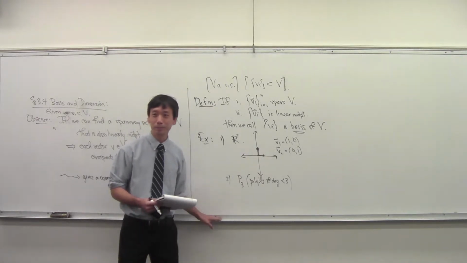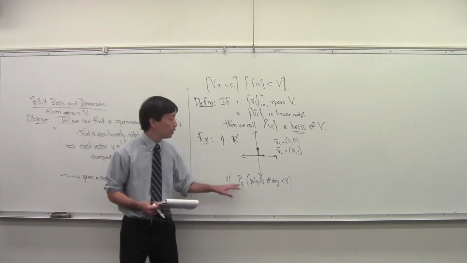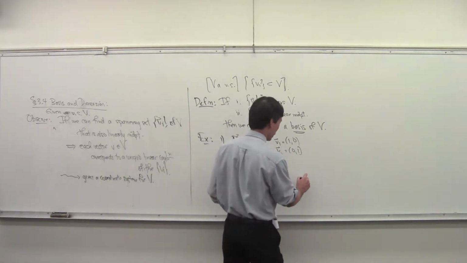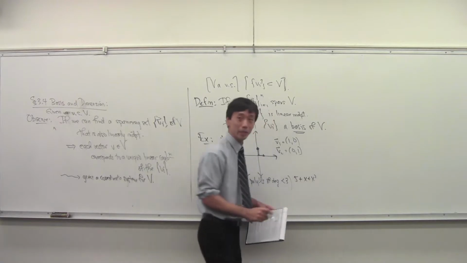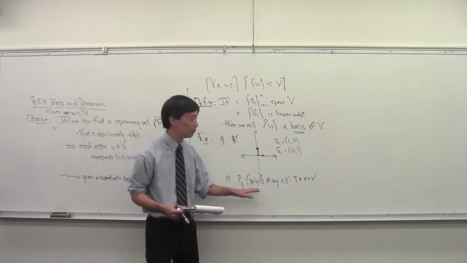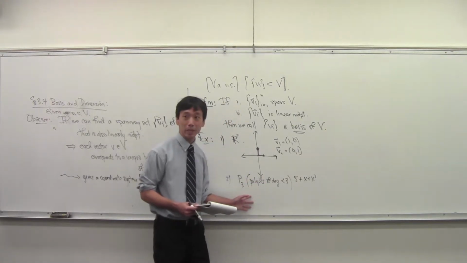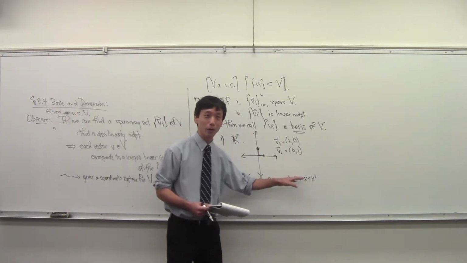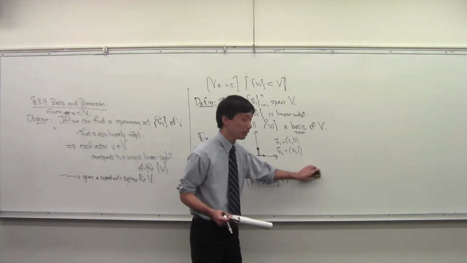So these are polynomials, things that look like x plus x squared plus 5 or something like that. So what are three polynomials whose combinations give you everything in this space?